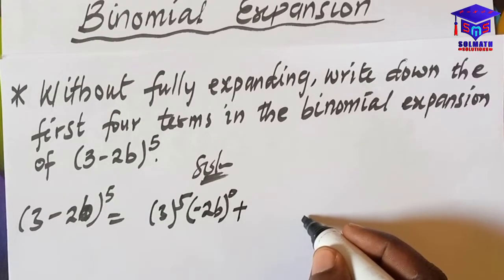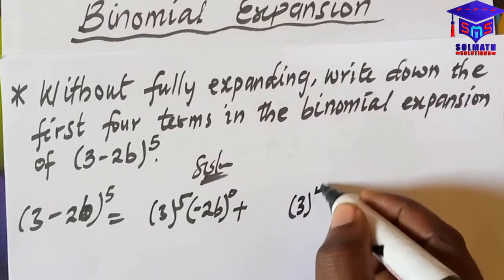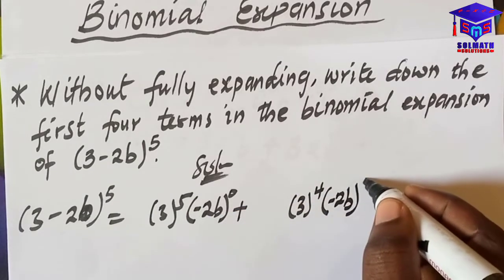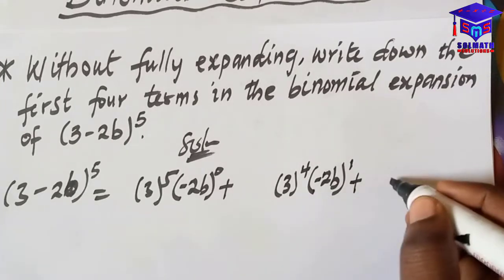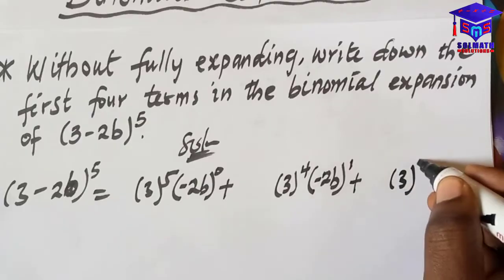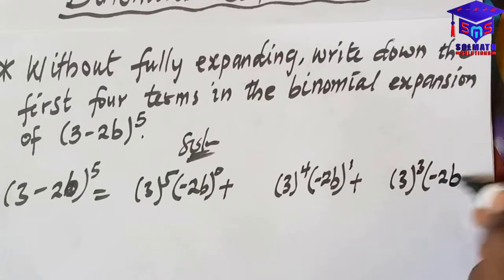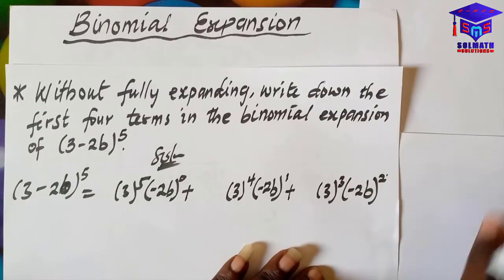for the coefficient. We have 3 to the power what? 4, then this one will be negative 2b to the power what? 1, plus, let me leave some space for the coefficient. We have 3 to the power 3, then negative 2b to the power what? 2. Let me continue this over here.